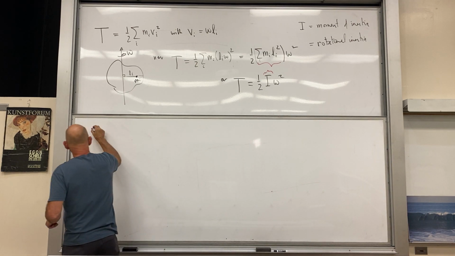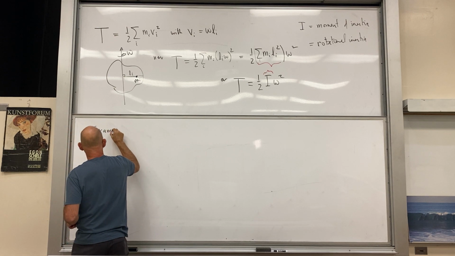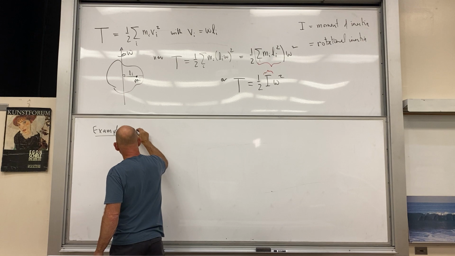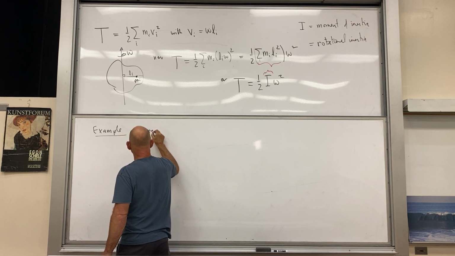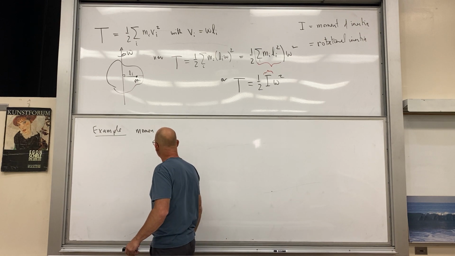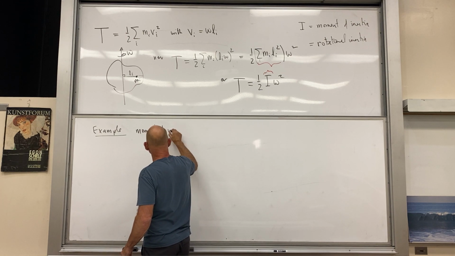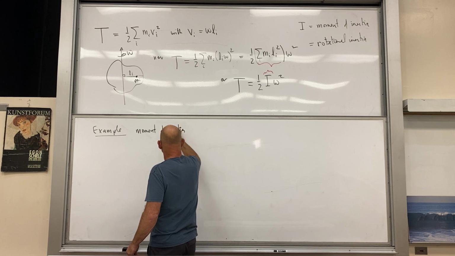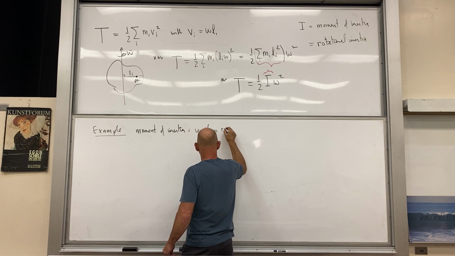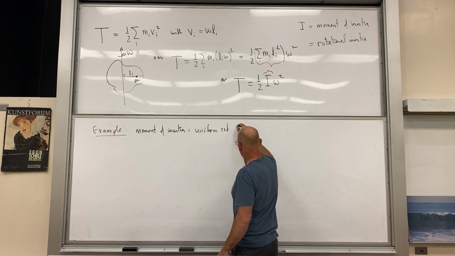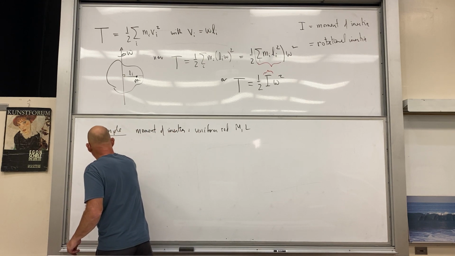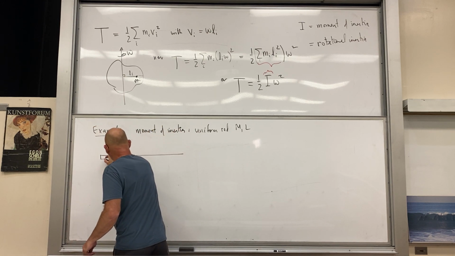So, example. Moment of inertia for a uniform rod, mass M, length L. The first one we're going to do is just like the ruler I have in my hand here.